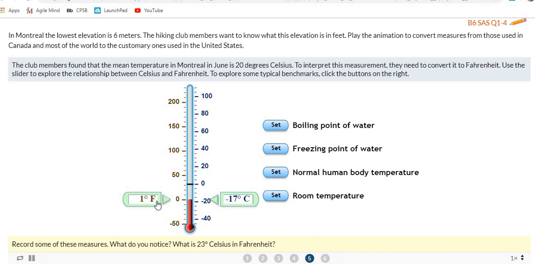Well, let's look at what. Okay, let's increase it by another degree Fahrenheit. So let's look at 2 degrees Fahrenheit. What do you think it's going to be?